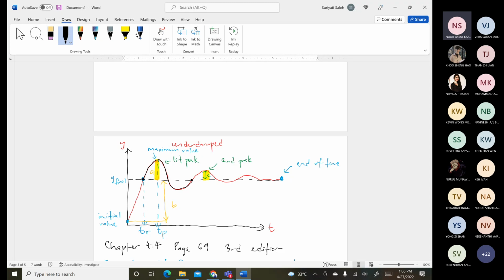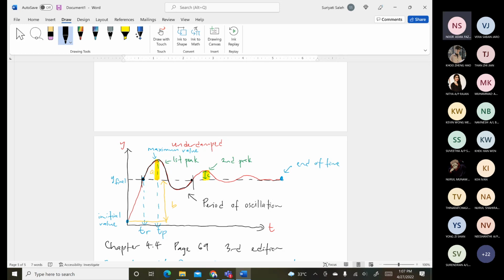So this is what we call the period of oscillation, if we complete one cycle of your response. Since you start at the final value, you finish at the final value.